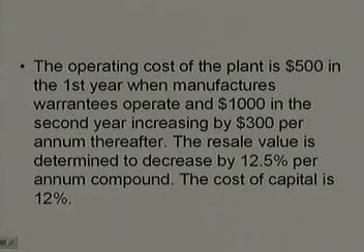So, based on this information, you can perform a similar calculation as was shown in the previous problem, and then tell me what will be the ideal replacement time for this particular piece of equipment.